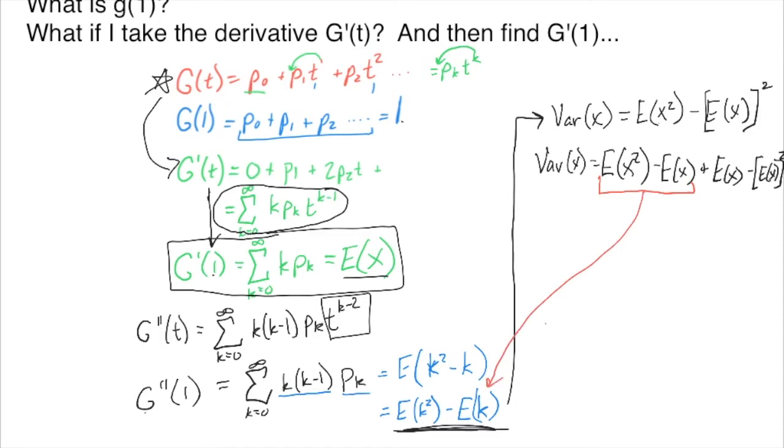So now I know that the variance of X is equal to g double prime of 1 plus the expected value of X, which is g prime of 1, minus the expected value of X, squared. So that would be g prime of 1 squared.